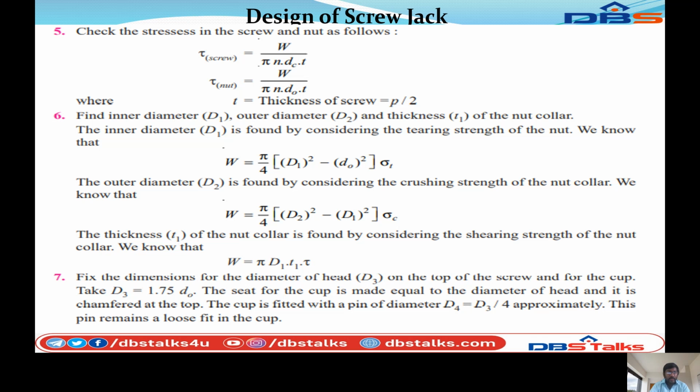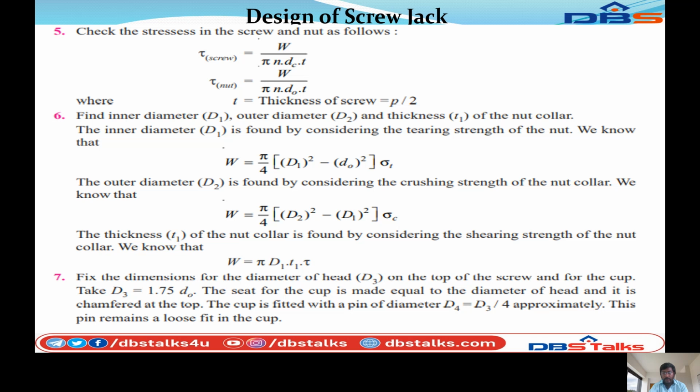So next step, find the inner diameter D1, outer diameter D2 and thickness T1 of the nut collar. The inner diameter D1 is found by considering the tearing strength of the nut. So we know that W is equal to pi by 4 into D1 square minus small d naught whole square into sigma T. Next you can calculate the outer diameter D2, found by considering the crushing strength of the nut collar.